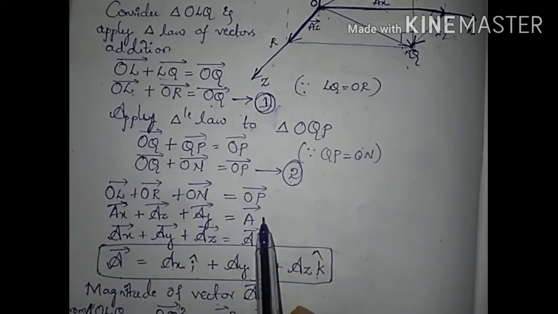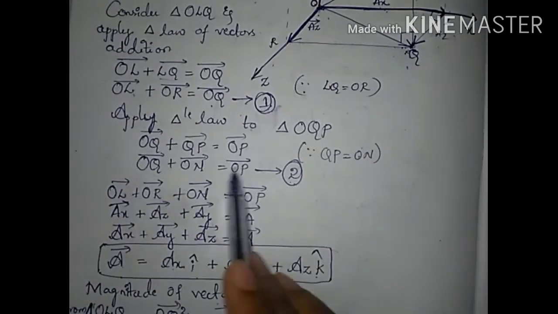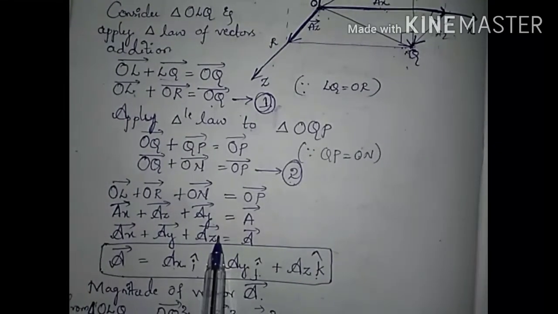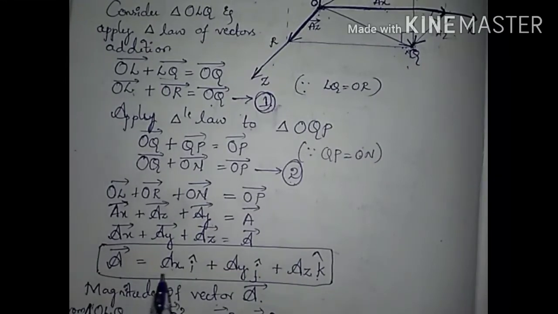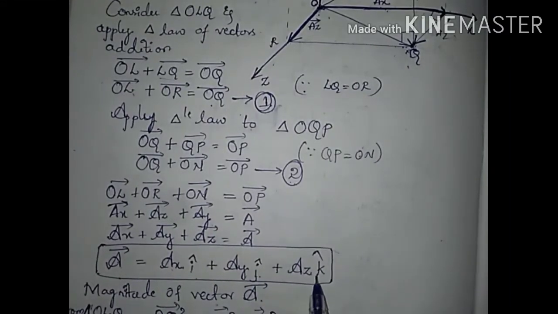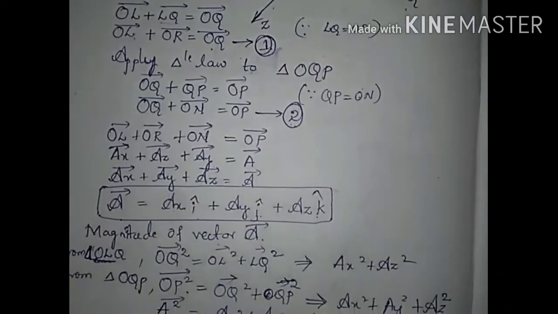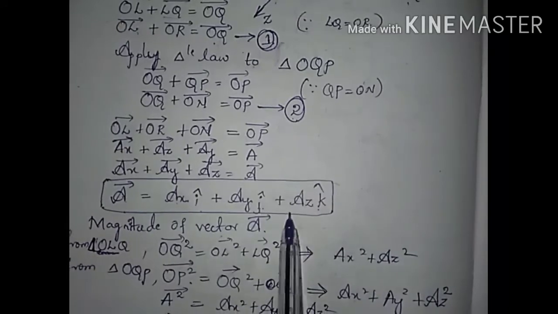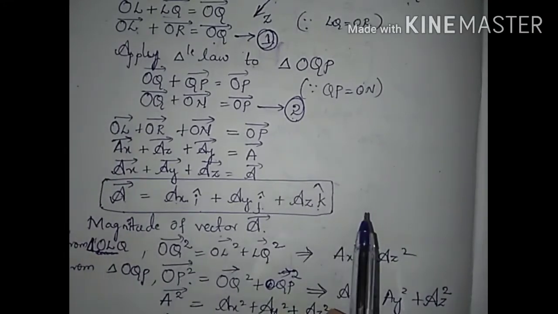From this equation we got to know that A is equal to Ax, Ay, Az, and vector A can be written in terms of unit vectors i, j, k. So A is equal to Ax i cap plus Ay j cap plus Az k cap.